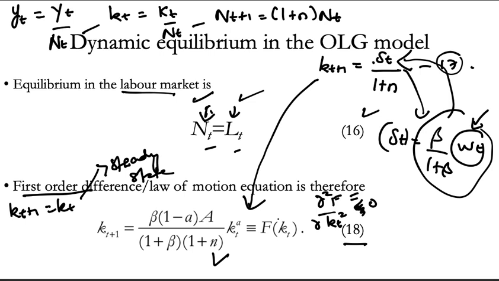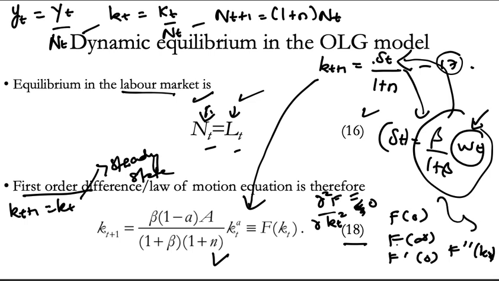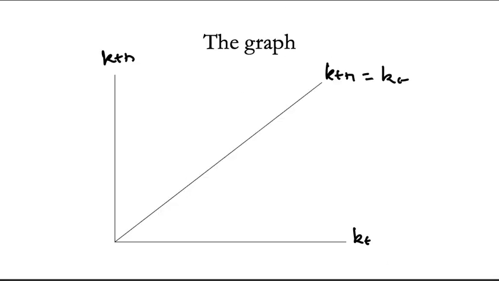Check this, what happens? Check this, what happens? Check also this, what happens? And so on and so forth. You have seen this in the previous video. When you check all of this, then you can draw the law of motion equation.